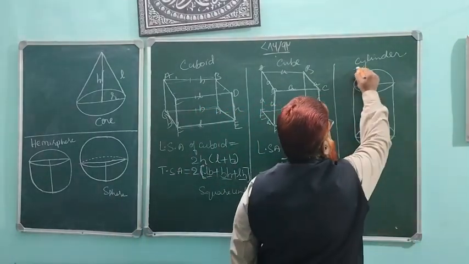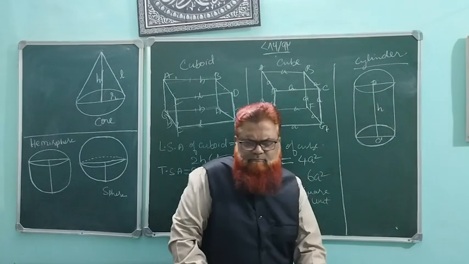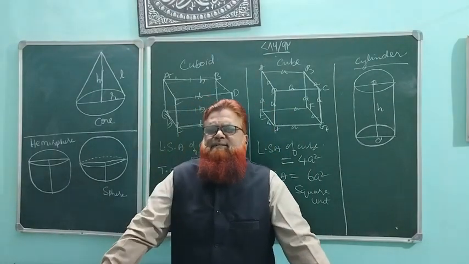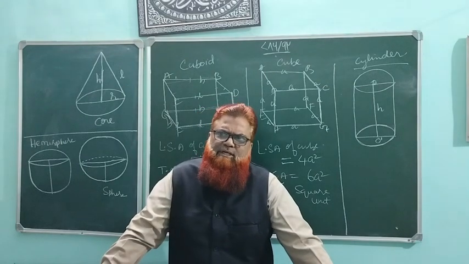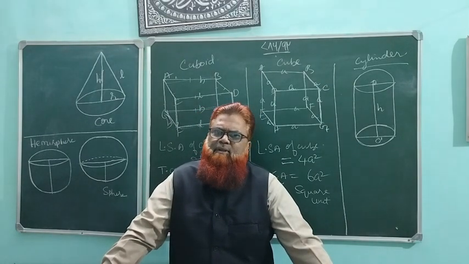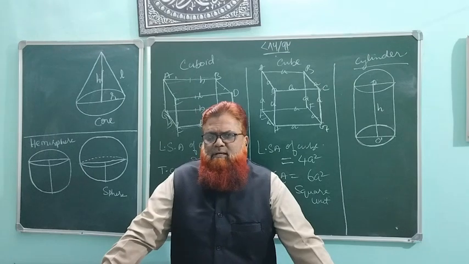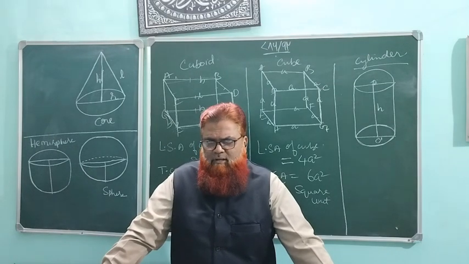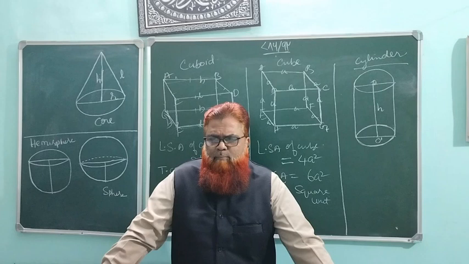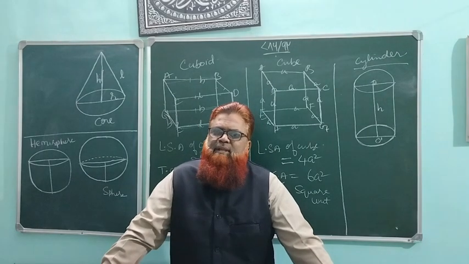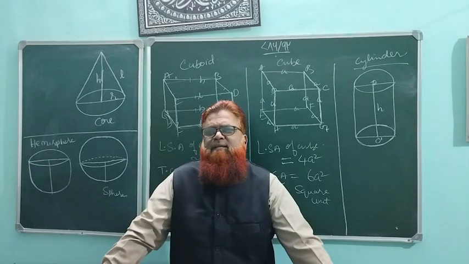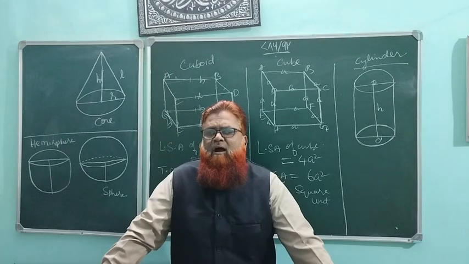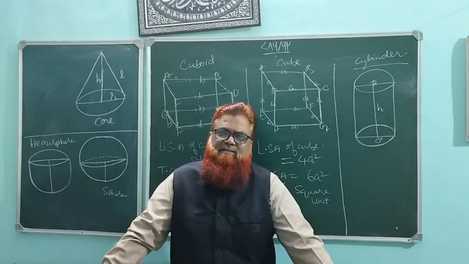The next part is the cylinder. Very, very important. Actually, why has the cylinder occupied an important position in geometrical figures? Because a cylinder is a geometrical figure formed from bottom to top by the multiple arrangement of circles.